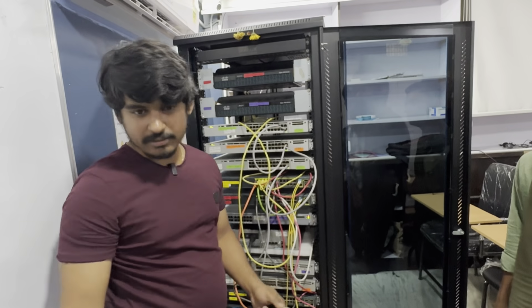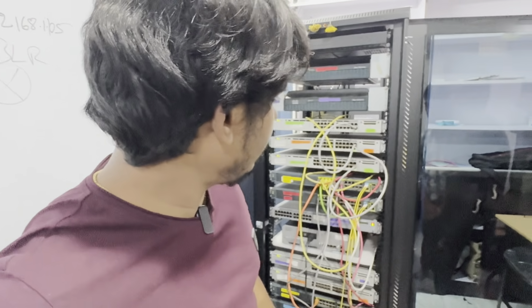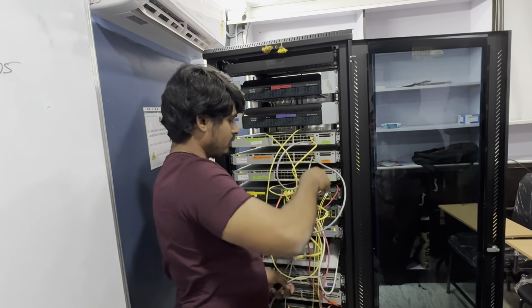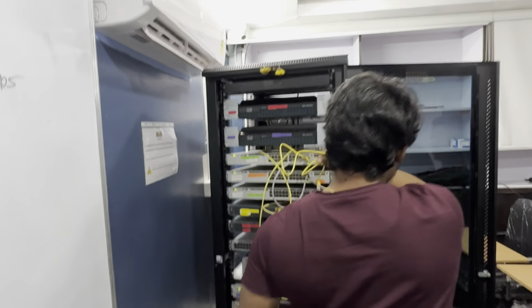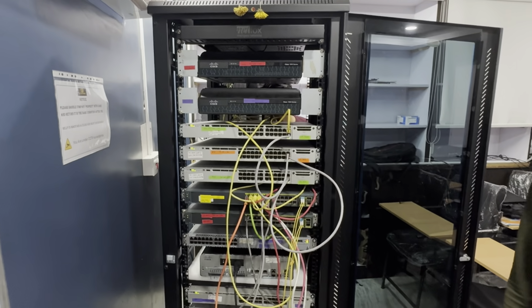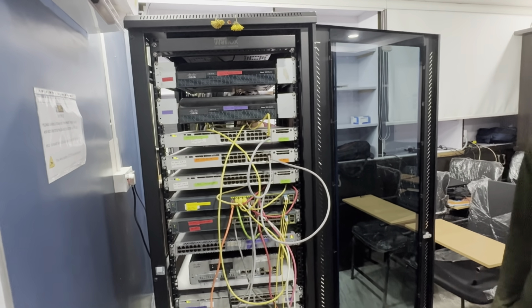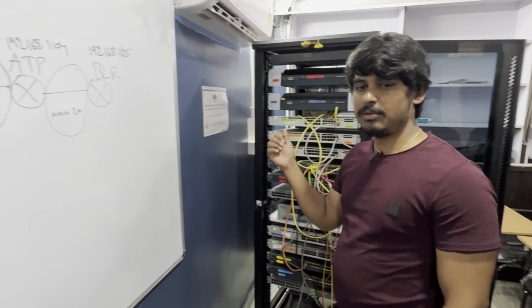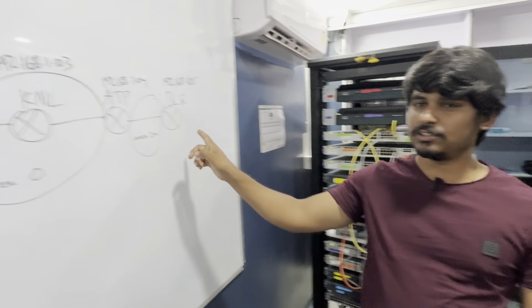Only one connection is pending. Where is the big cable? Okay, let me connect from here to, okay, give me that from the friend. So I have connected the cables between these 5 devices like this topology.